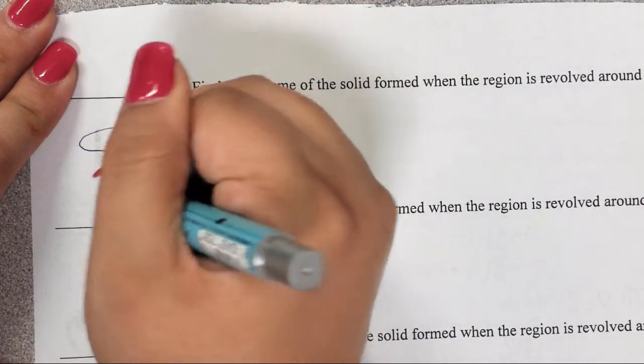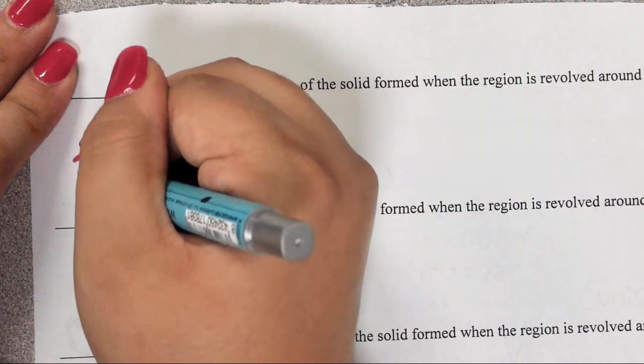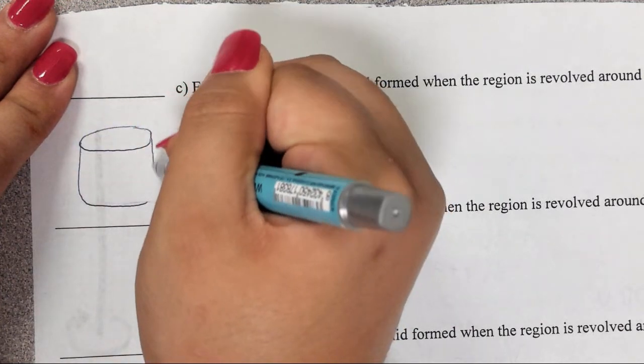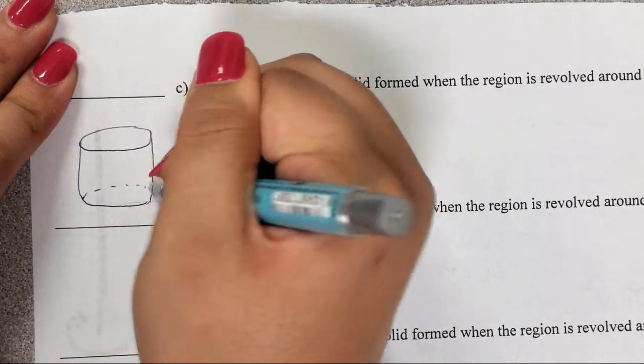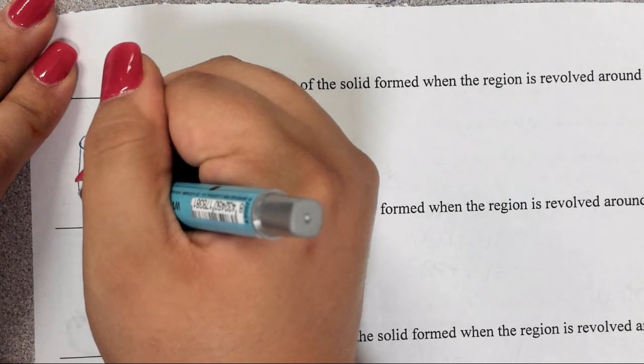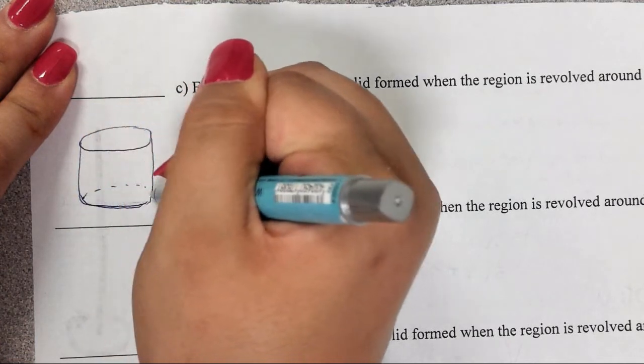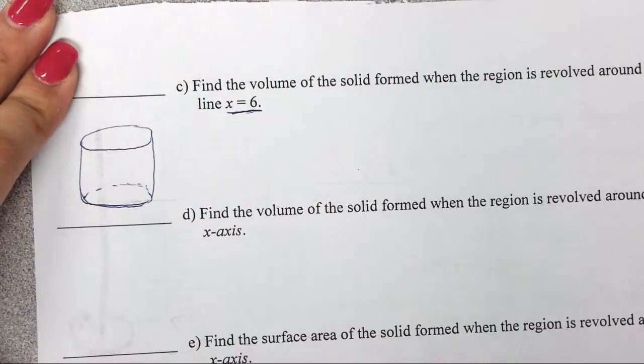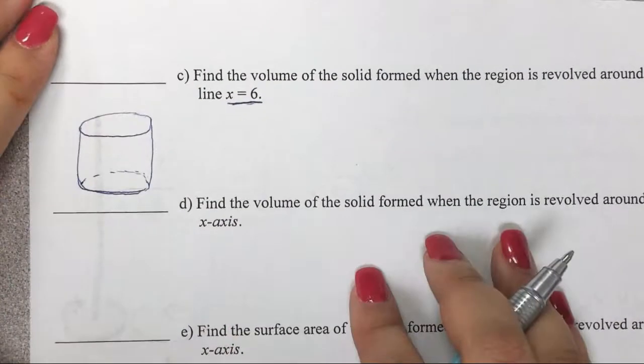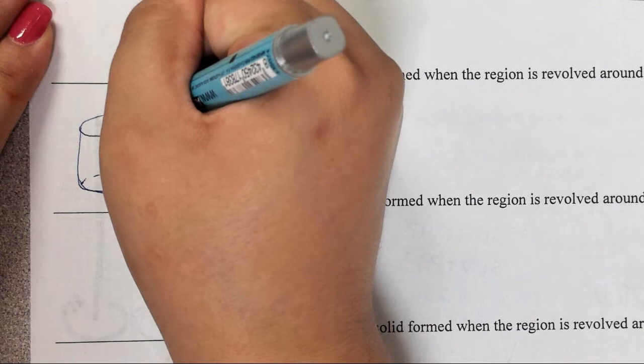If I have a cylinder, there's a cylinder. And then here's my cone.